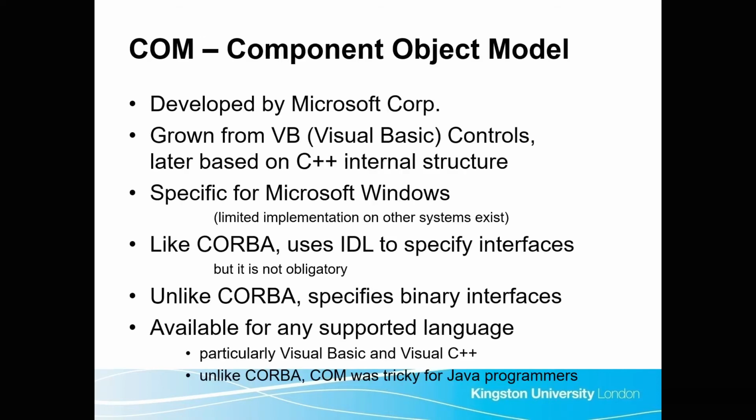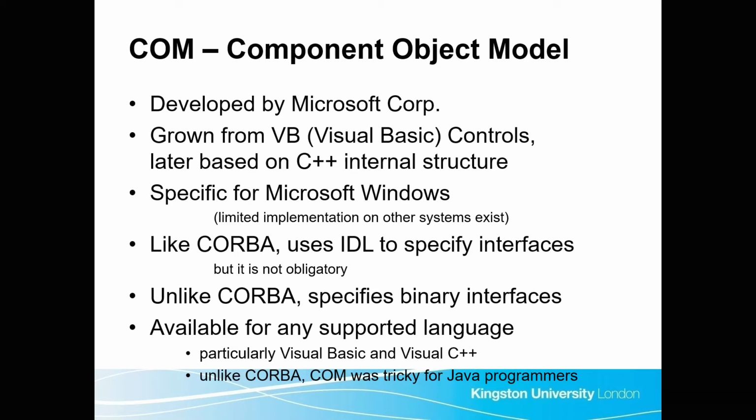The next system, which is only shown here for historic reasons because it's hardly used at this moment, since it's been replaced by something else that will also be discussed, is the Microsoft Corporation's Component Object Model, or simply COM.